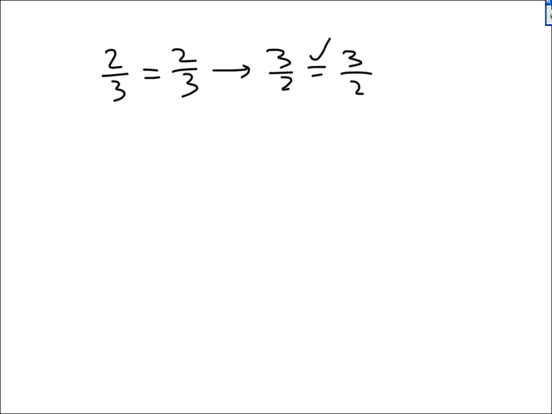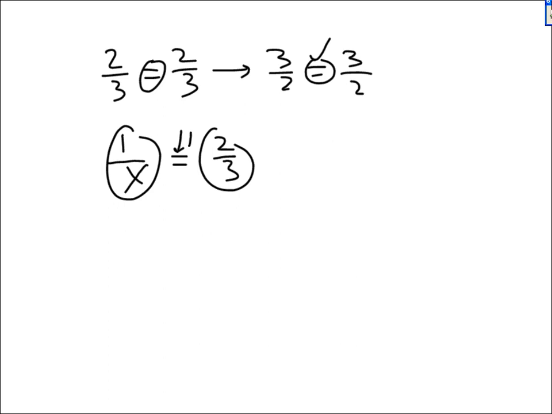If two quantities are given to be equal, that is, they have that equal sign in between them, then their reciprocals are equal. If somebody tells you that 1 over x is 2/3, well, you can't argue. This and this, they're equal. I mean, if somebody tells you 2 over 3 is equal to 2 over 5, you can say, no, it's not. But if I don't tell you what x is, they're equal.